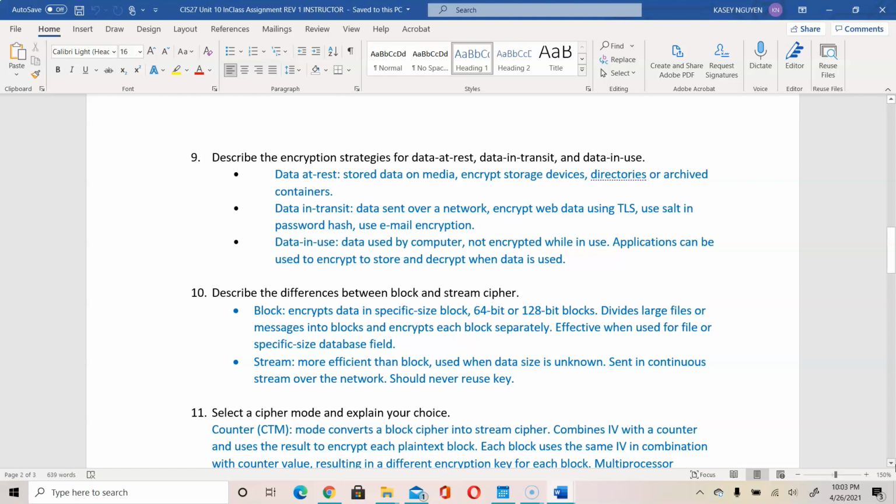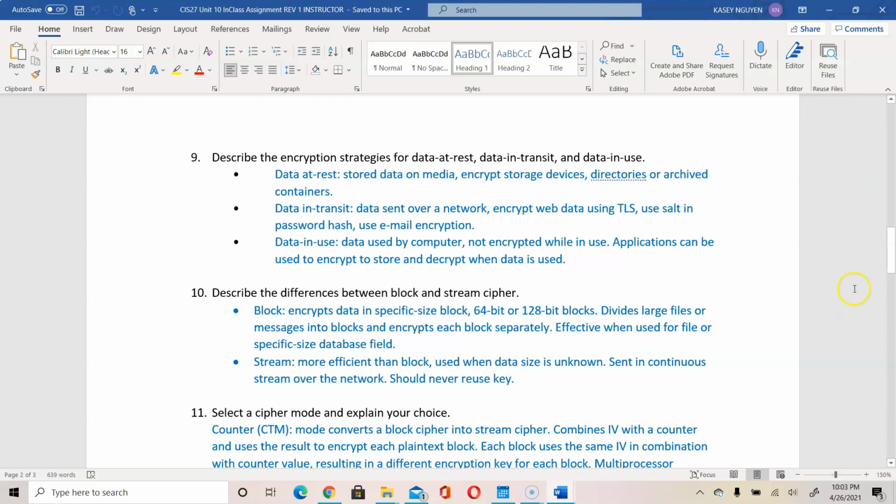In a stream cipher, the data is sent continuously in a stream over the network, and you should never reuse the key, because it should be used only once. If you reuse the key, it could be guessed, and because it's a shared key, that same key could be used to encrypt or decrypt.